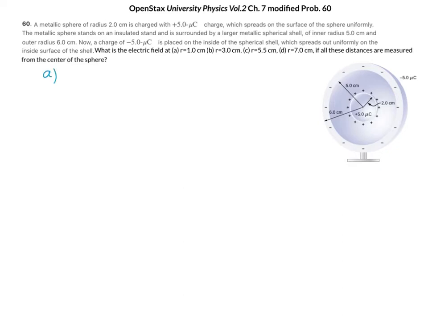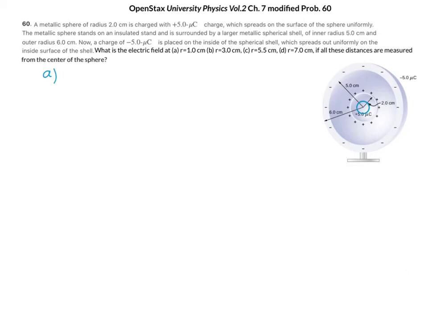So, in part A, we want to find the electric field at a radius of 1 centimeter. So a radius of 1 centimeter would be somewhere inside this sphere. So let's draw a Gaussian surface there. Something like that.